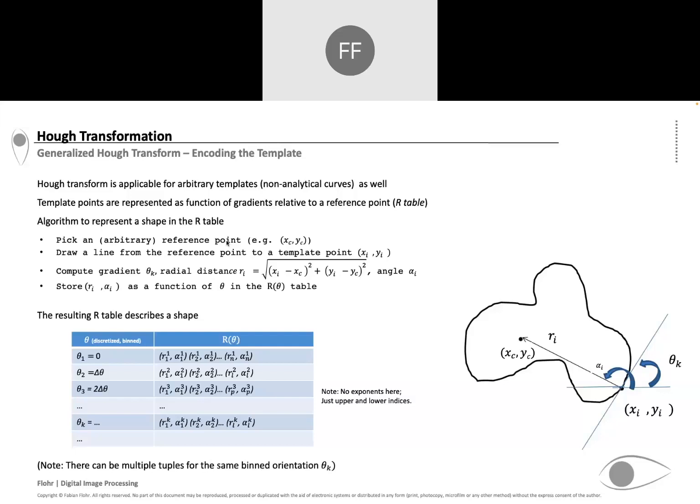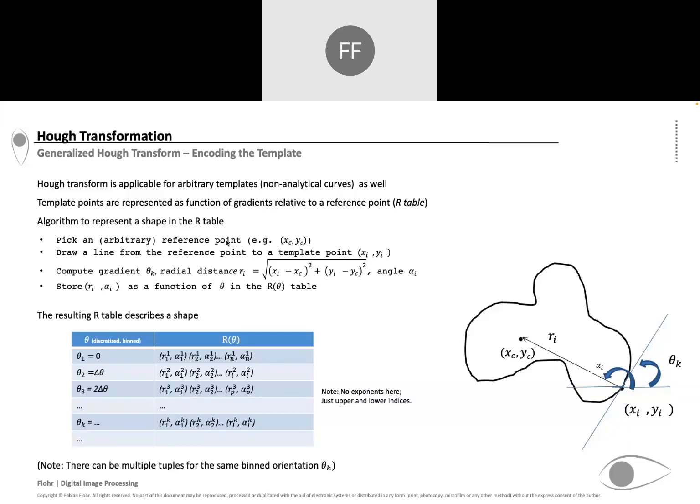basically from the background. So what you need here is basically, let's say this is our template, our object shape that we want to represent somehow. And then instead of saying, well, I have a parametric form for that, I basically sample the points here and store them in a database for later comparison, for later matching.